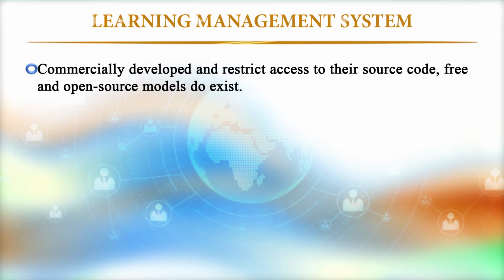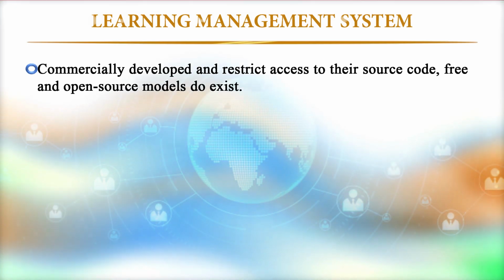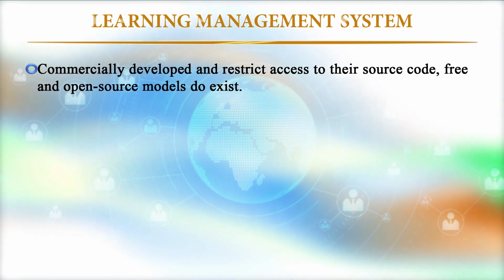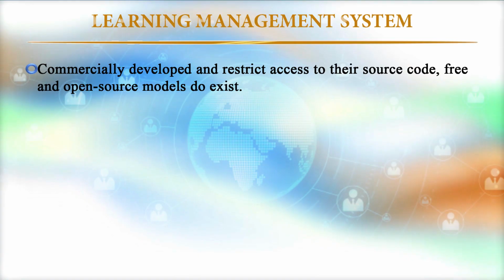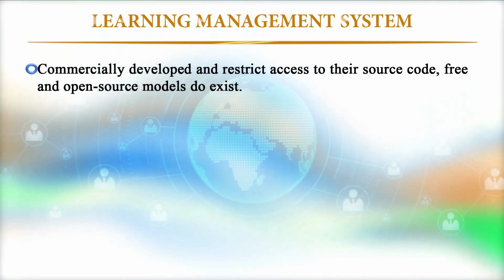The other type is free or open source models, where you download the source from the site or from the learning management system providers, and install it in your server to use the services.